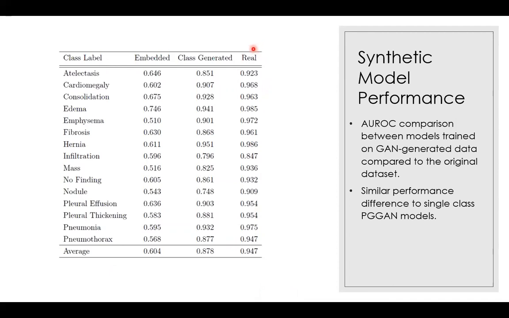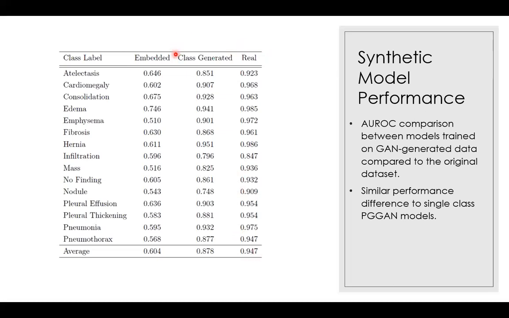And how it works is the model will be trained only on GAN generated labels and images and evaluated on real images. And so these will all be evaluated based on the same set of real images.